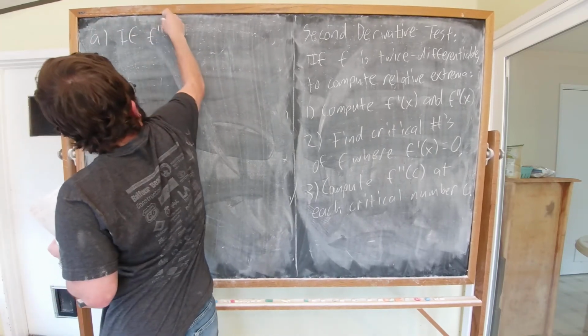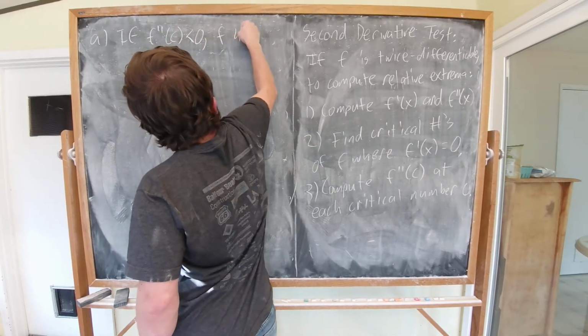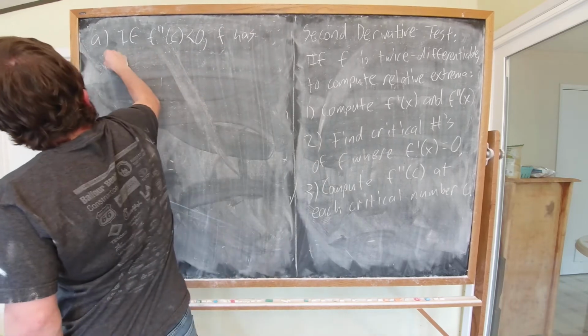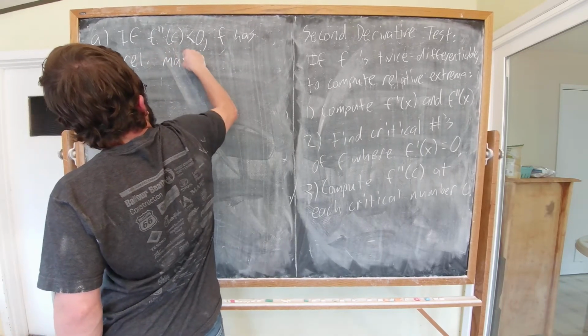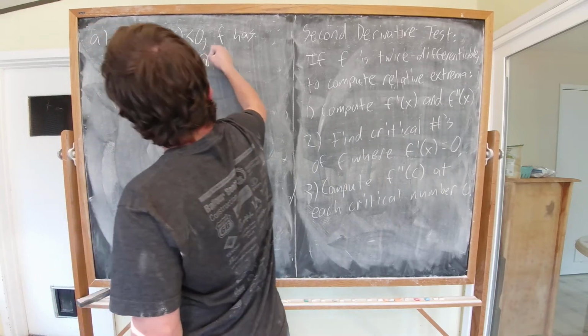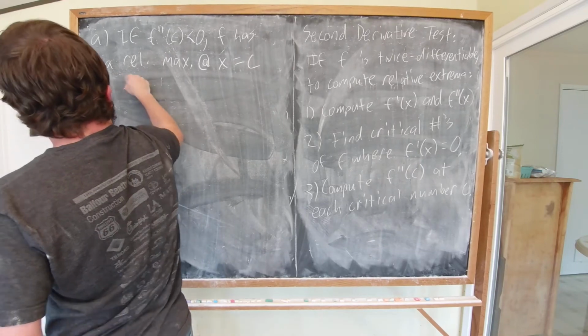So I think I'm saying if f double prime of c is less than 0, f has a relative max at x equals c. Same thing is true the other way.